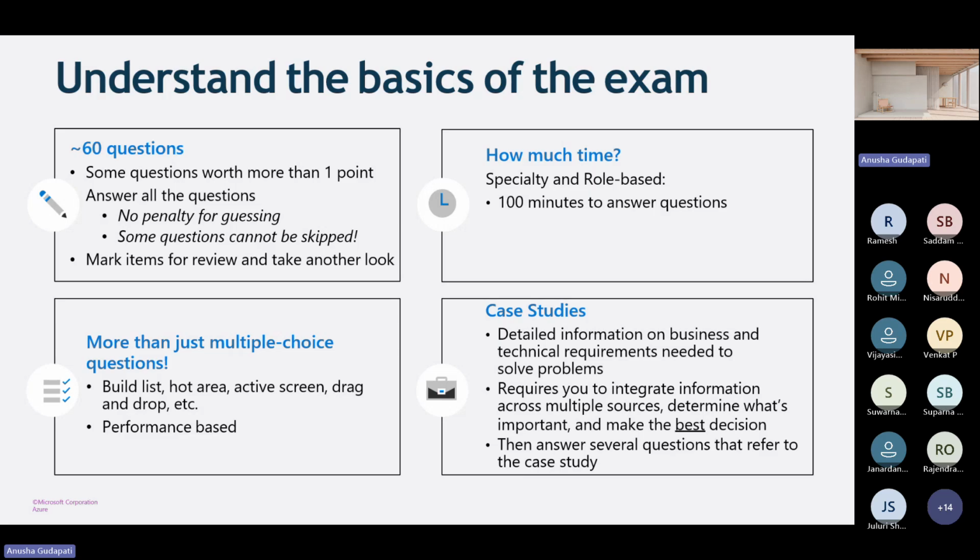Sometimes you get multiple choice questions, and in those you will have multi-select options. So if a question has two right answers and you tick those two, then you get the full score for that particular question. And of course, it's a 100 minutes exam.